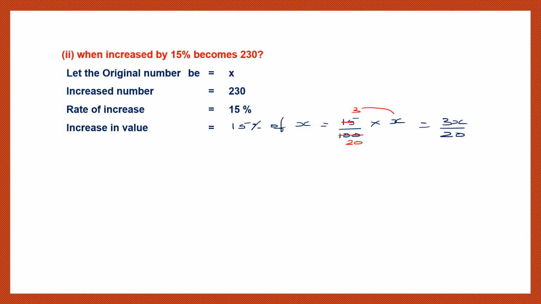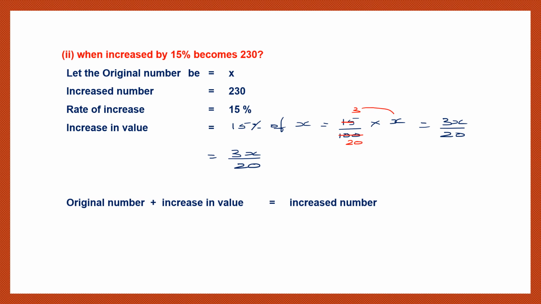So what is the increase in value? 3x by 20. Now, the original number plus the increase in value will give us the increased number, isn't it? Original number, whatever it is, when you add this to it, you get the increased number. So original number, we said let it be x. So we're going to leave it as x. The increase in value is what we just found out. 3x by 20 is the increase in value.